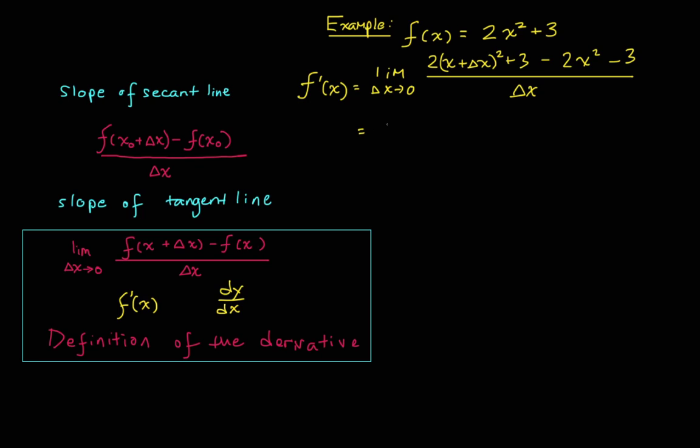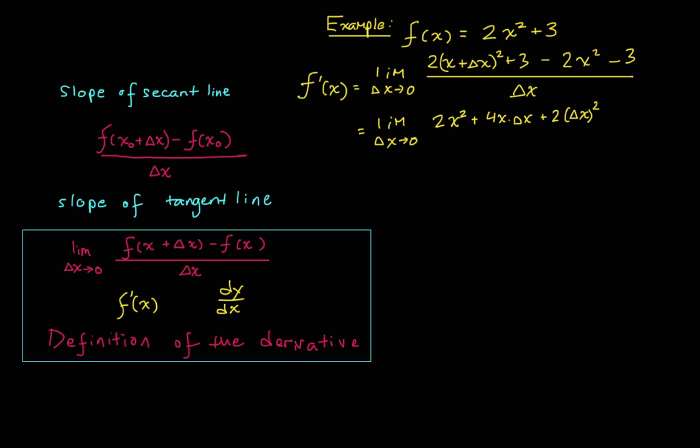Okay, let's expand that. Don't forget to write out the limit every single line that you still have it with you. So now we have 2x squared plus, that's going to give us 4x times delta x plus 2 times delta x squared.